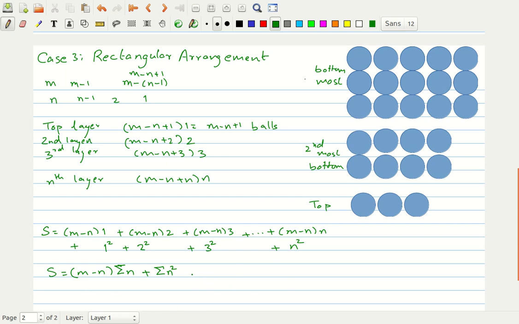And we already know how to calculate both of these sums. So s will be equal to m minus n times n plus 1 by 2 plus n times n plus 1 times 2n plus 1 by 6. And now you can simplify this further.